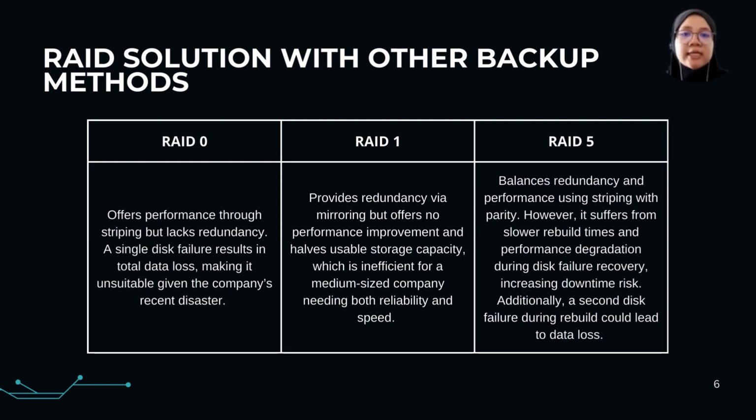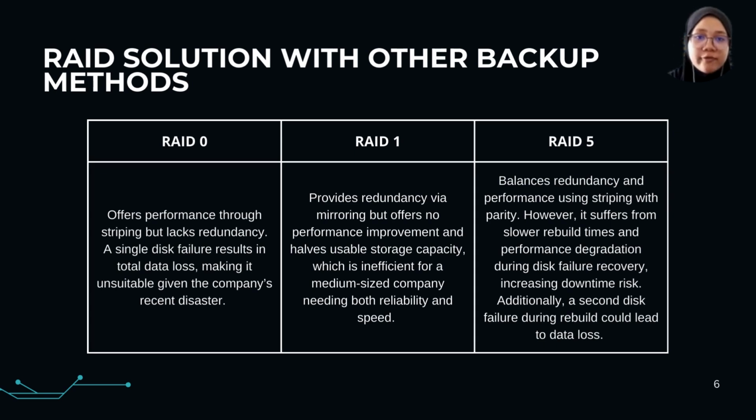RAID 1 provides redundancy via mirroring, but offers no performance improvement and has only half usable storage capacity, which is inefficient for a medium-sized company needing both reliability and speed.